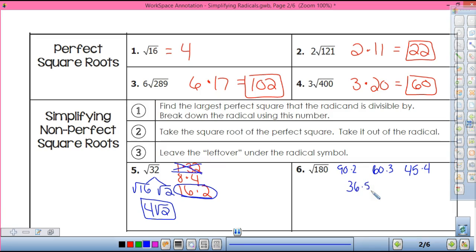All right, so now I've got some pairs. Which one has a perfect square in it? The 36 times 5. So that's what I'm going to split this into. Square root of 36, square root of 5. What is my square root of 36? 6 root 5 is my answer.